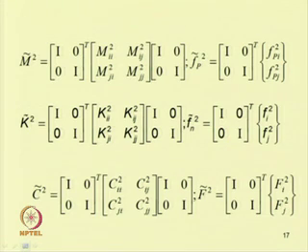Now, similar to the slave, for the master we can transform this x coordinate to the u coordinate system, or we can write this M 2 in this form.